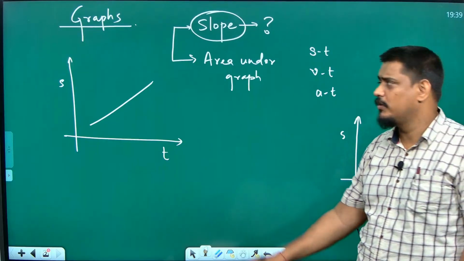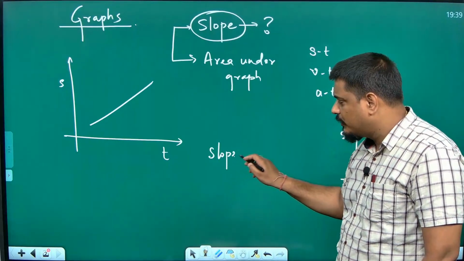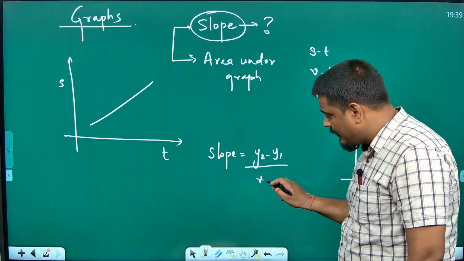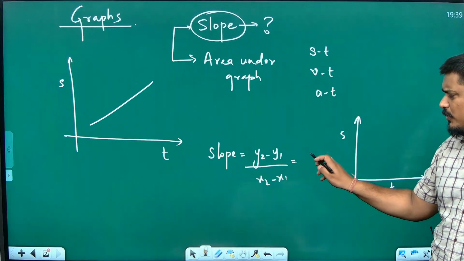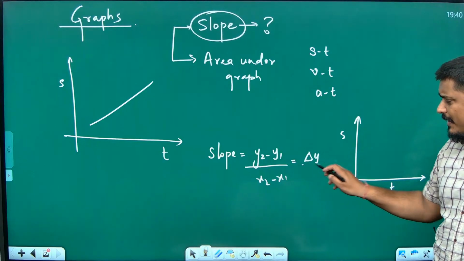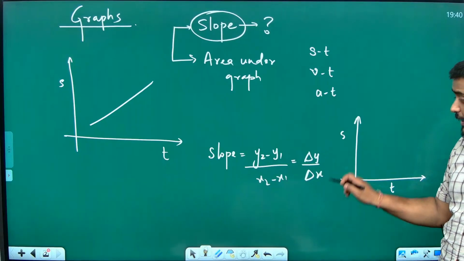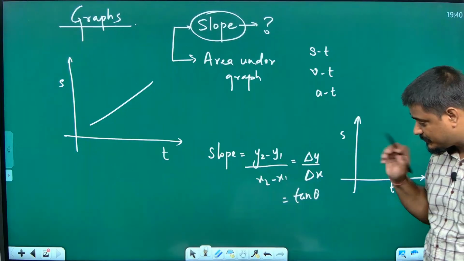Okay, but good, you tried. So slope can be found for any curve if you write y2 minus y1 by x2 minus x1, which can also be told as change in y by change in x, which can also be told as tan theta.